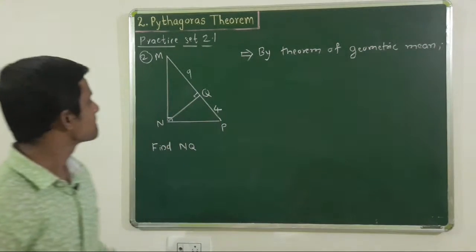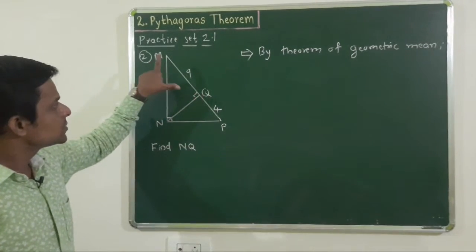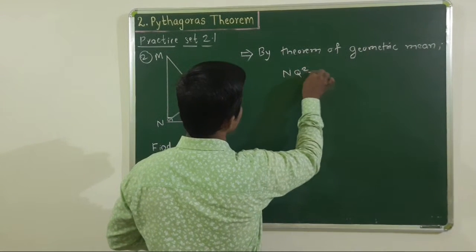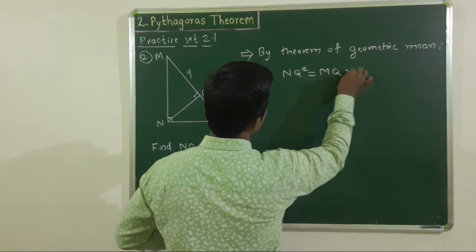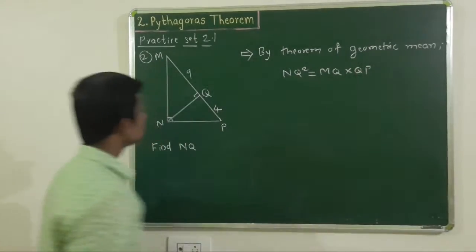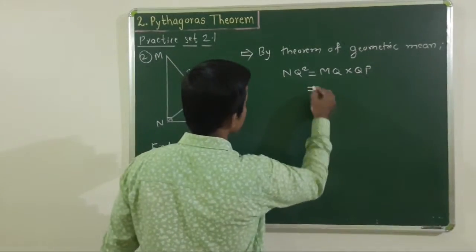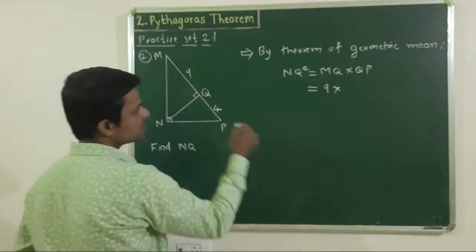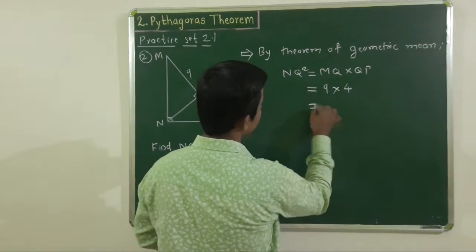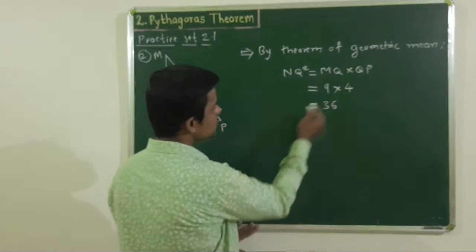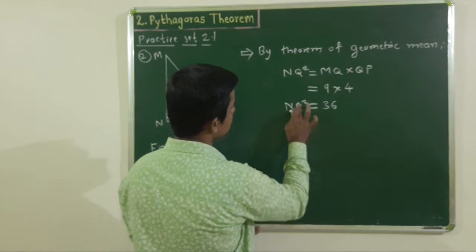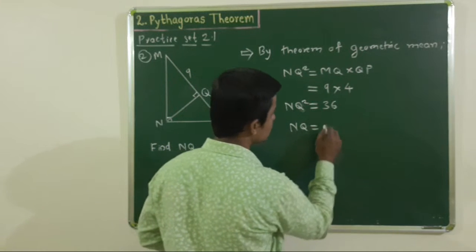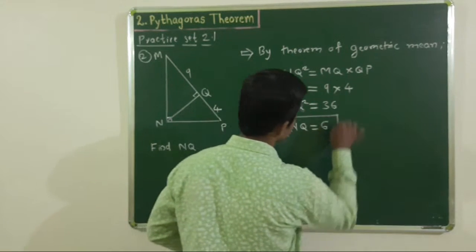I can write NQ square is equal to MQ into QP. Very simple. NQ square is equal to MQ, given as 9, into QP, given as 4. 9 into 4, that is 36. NQ square is 36. Taking square roots on both sides, we will get NQ is equal to square root of 36, that is 6 units.